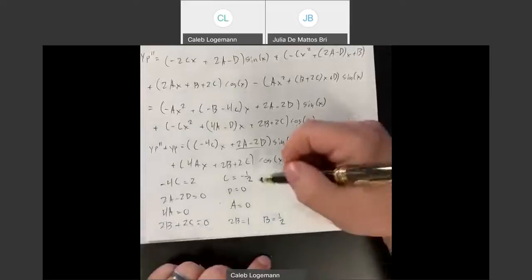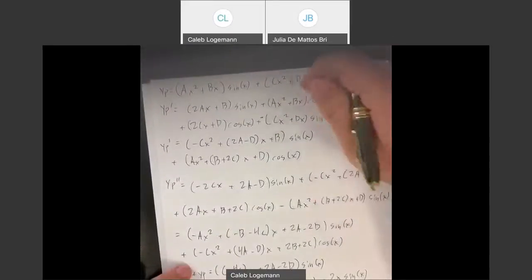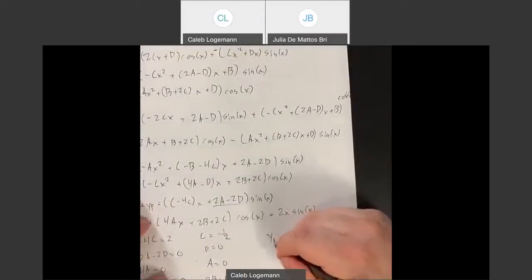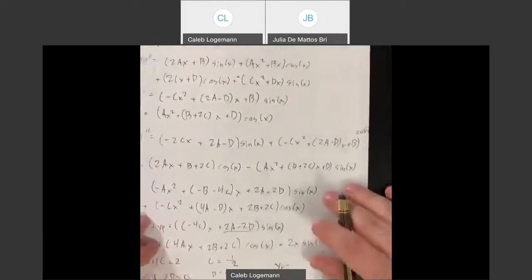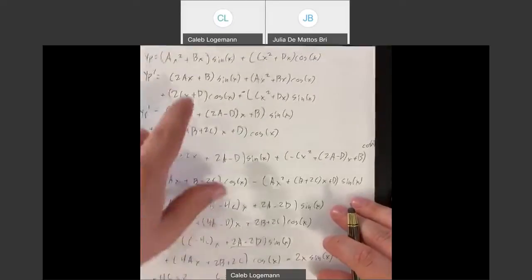All right, so we plug all those back into our particular solution back up here. So that means that our particular solution is, so b is a half.